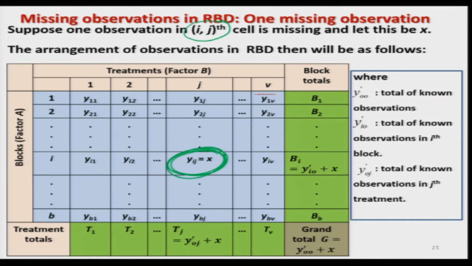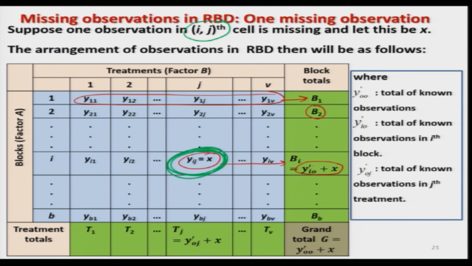Now you can see how those block totals and treatment totals are going to change. All the observations in the first row are available, so that is going to remain as earlier. Block total will be indicated by B1, and similarly the block total B2 will also remain the same. Now, there is one value x which is missing. So, the corresponding ith block total is now going to be expressed as y'_i0 plus x.